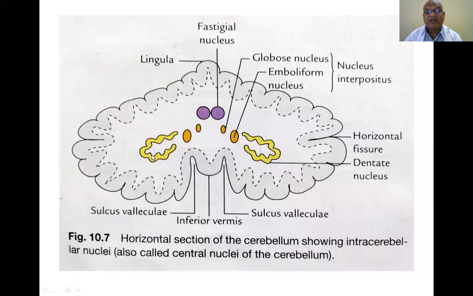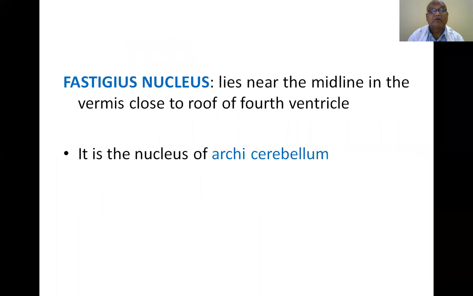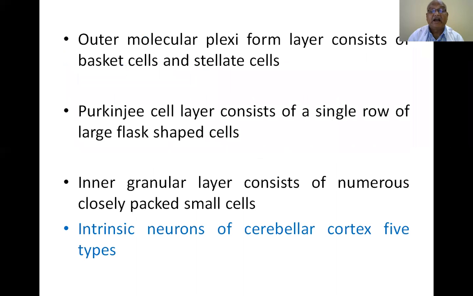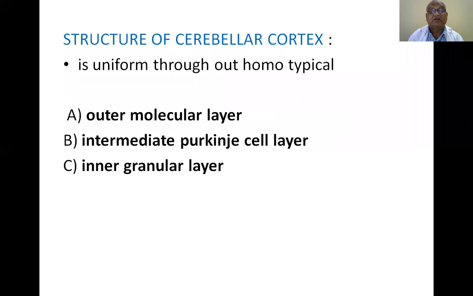In the white matter, the collections of neurons are oval or slightly rounded, shown in different colors. So I have given you an idea about the nuclei present here.